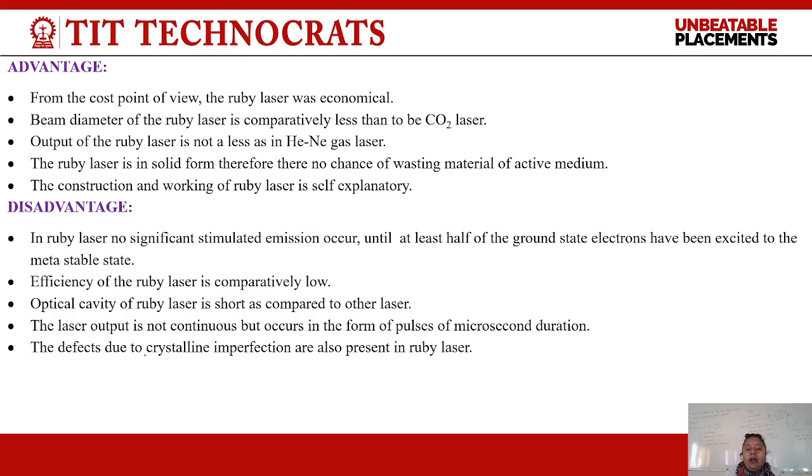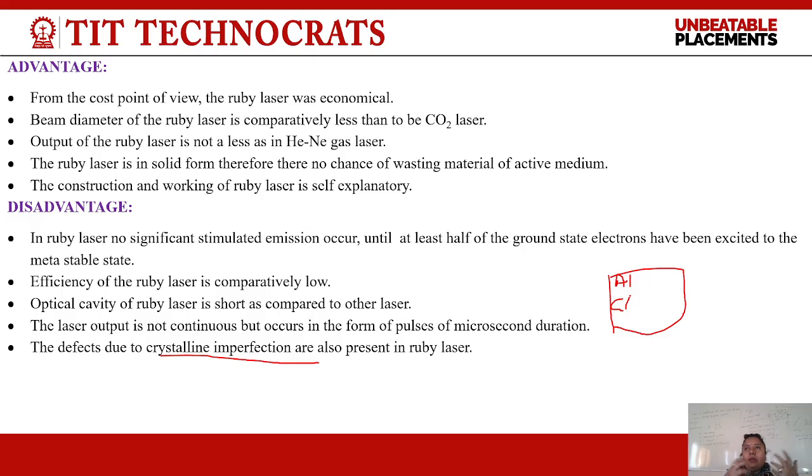Third, there are some crystalline imperfections present in the ruby laser. Crystalline imperfection means that in the whole crystal, the chromium and aluminum ions are not aligned with each other. Sometimes aluminum ions are here and we need a chromium ion below it, but sometimes aluminum ions come next to aluminum ions and there is no chromium ion. So whenever the energy comes, it searches for the chromium ions.